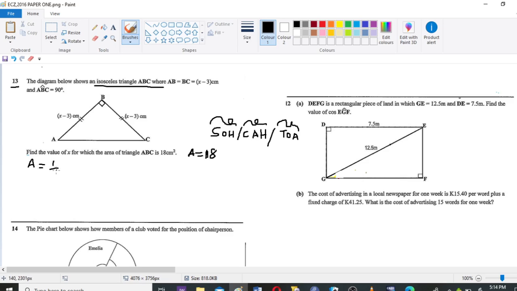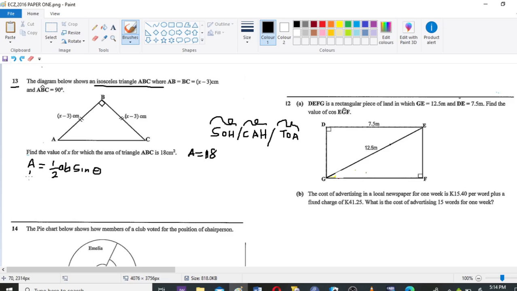So for the triangle under trigonometry, we have area is equal to half multiplied by BA or AB, sine, the sine of the theta that you have. Okay, so substituting what we have here, let me write it here at the bottom.